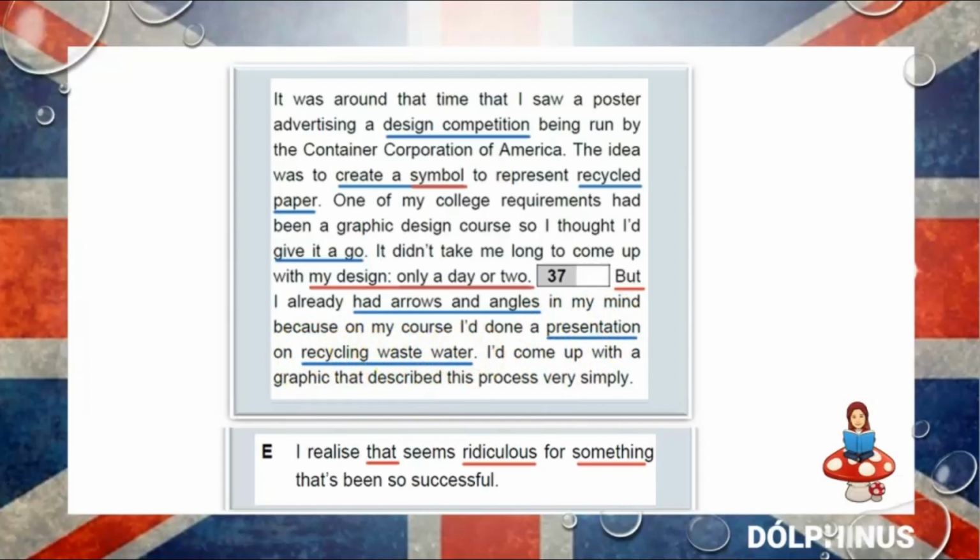So there's grammatical and semantic connection. Grammatical connection, that, something, and semantic connection here below, making reference why it took only a day or two.